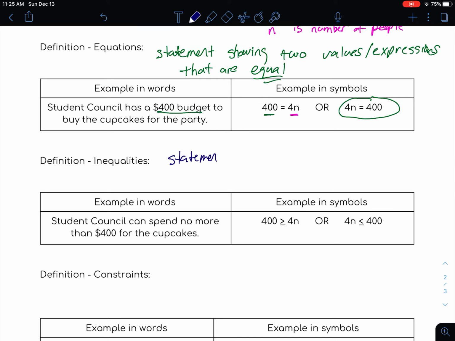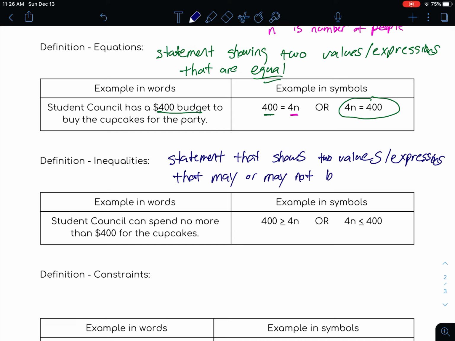So in math, we have kind of that similar idea, in that we have a statement that shows two values, that's the word two, by the way, sorry, two values or expressions that may or may not be equal.